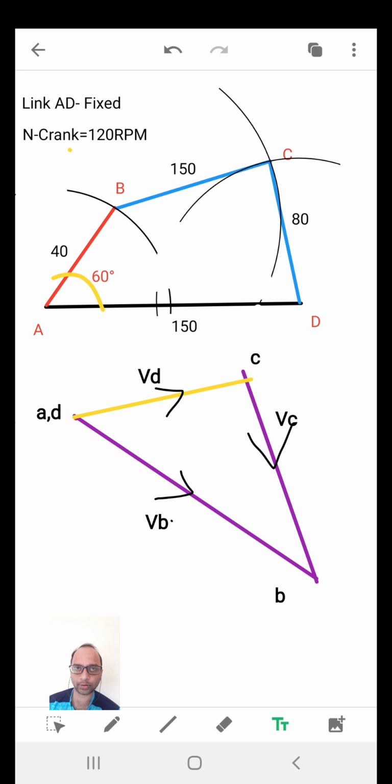So we have to calculate the relative velocity of link CD.